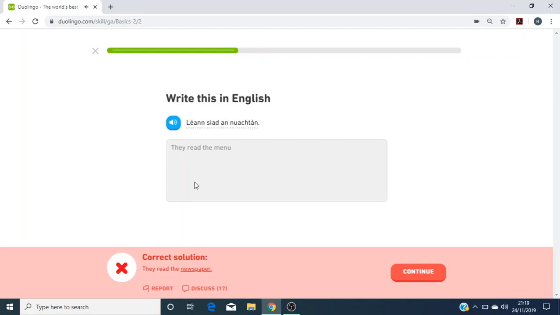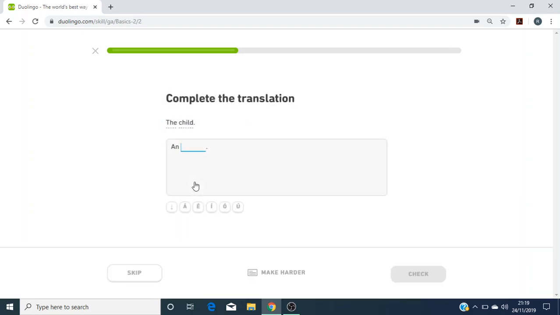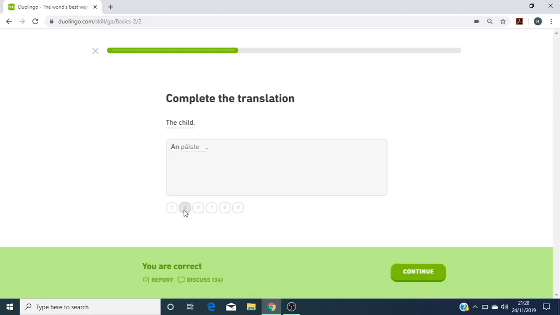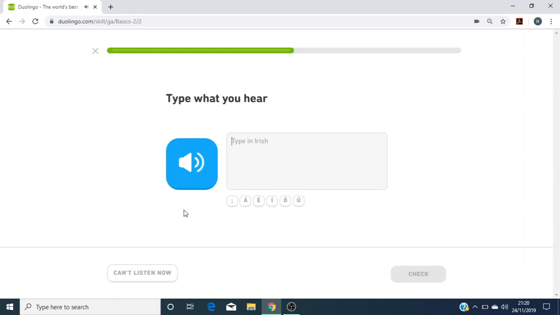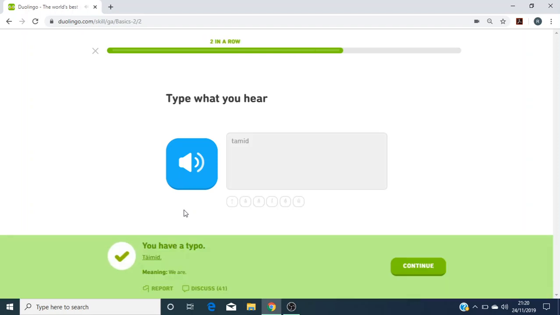It was menu or newspaper. Child is, I don't know. Child is an pasta. Támid. Tamid. Have I got that right?